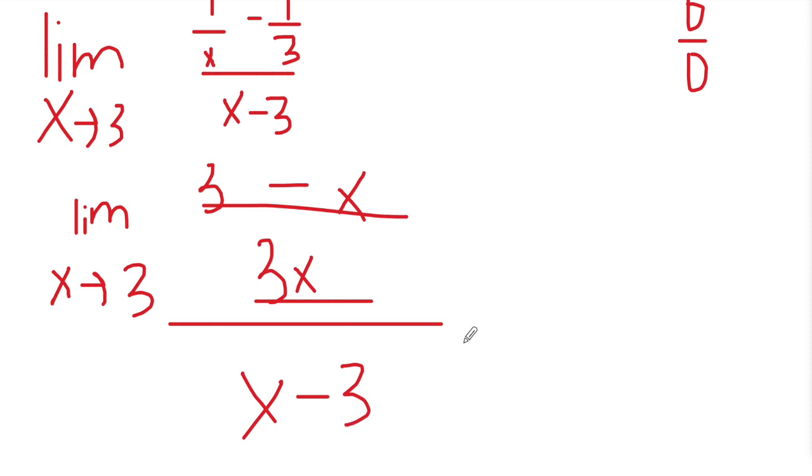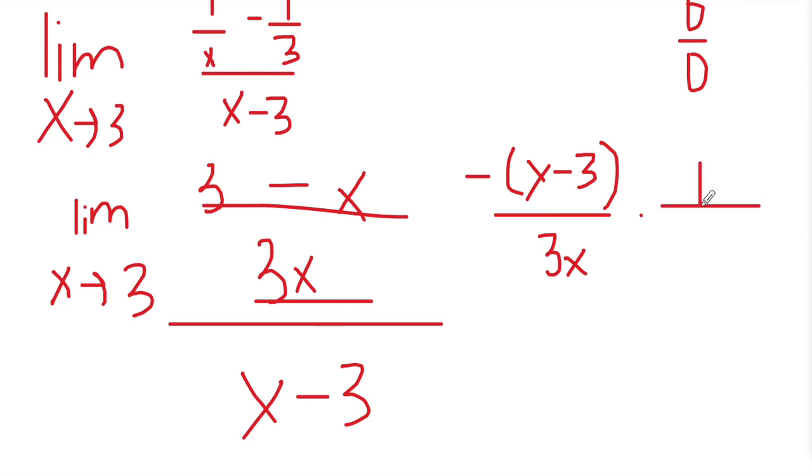And then I can use the idea of keep, change, flip. And when I do that, I'm going to pretend this is x, and I'm going to do x minus 3. I'm going to rewrite it like this to make it easy. 3 over x, and then I'm going to have 1 over x minus 3 is what I'm going to eventually be left with.